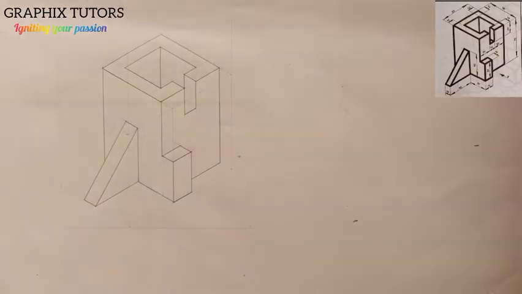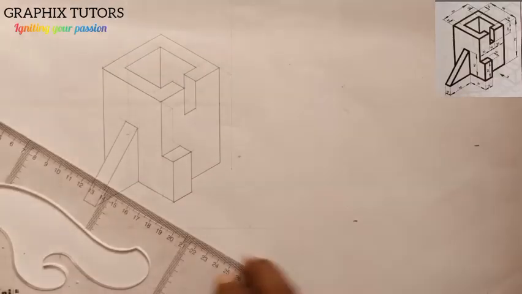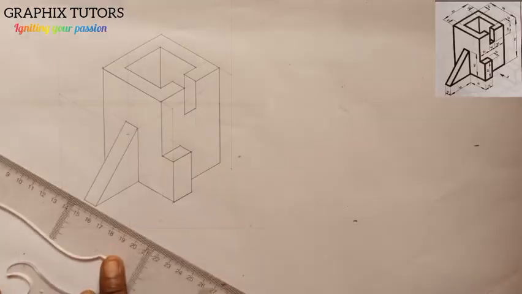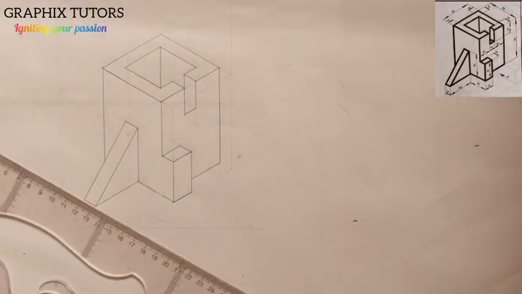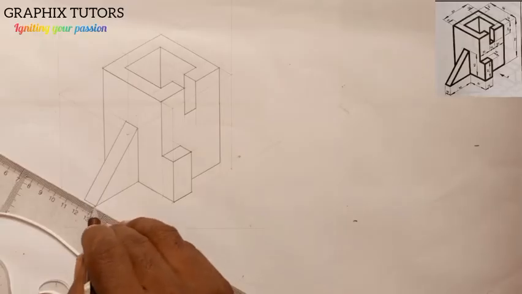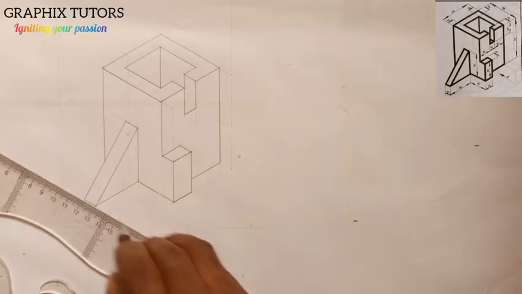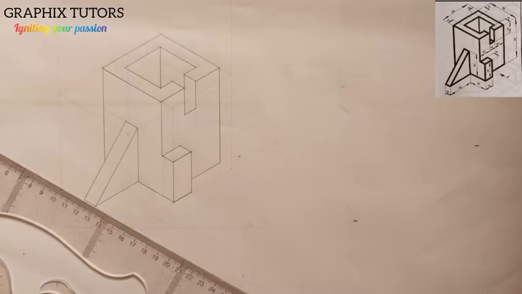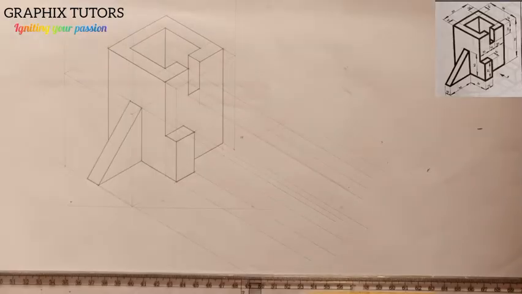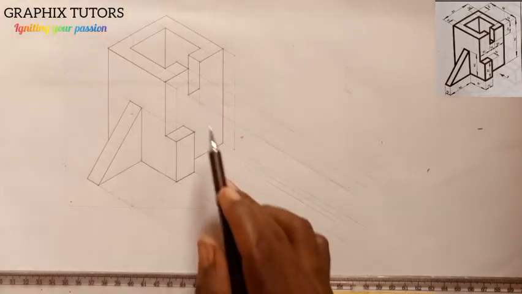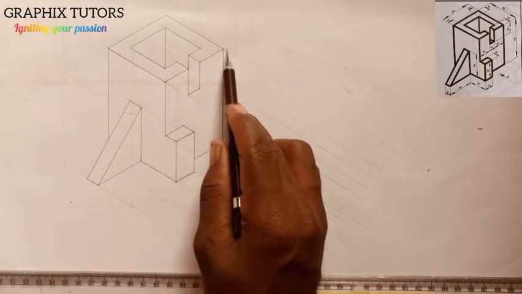Let me use my instrument here. I can project this in this direction with my faint line. Now I have projected all the edges of this figure.